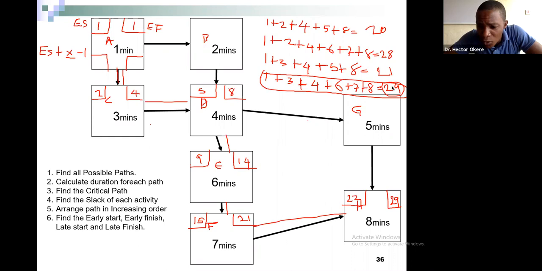Slack time is not 29. Slack time means extra time. How much extra time do you have on this path? Extra time is 0. Slack time is 0 because it's the highest, the critical path. You have no extra time on the critical path. How do you calculate it?